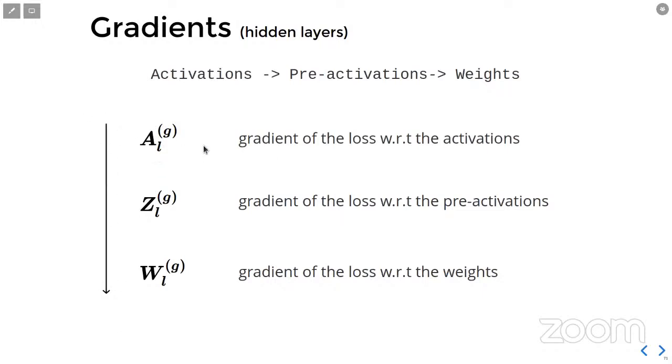First we do the activations. Once you know the gradient of the activations, then A is just G of Z, so I can very easily get the gradient of the pre-activations. Once I get the gradient of the pre-activations, I can get the gradient of the weights.